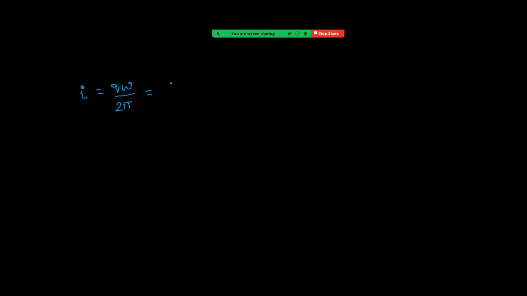Just put values in this. Q value is 1.6 into 10 power minus 19 coulomb. Omega value 6.28 radian per second upon 2 pi. So these two get cancelled. It is simply 1.6 into 10 power minus 19, units are ampere. So a very simple and direct question.